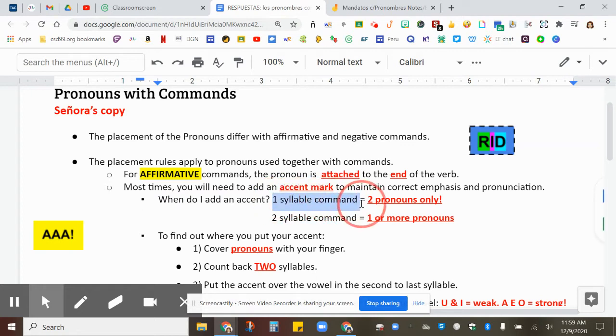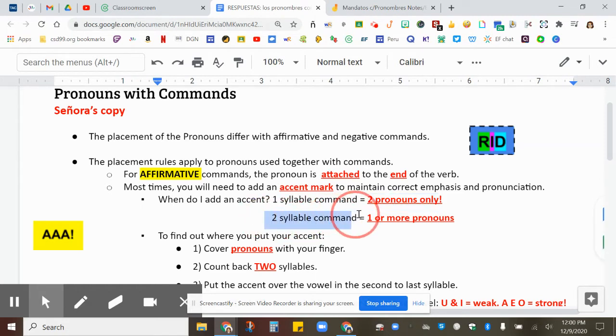In a one-syllable command, think about the irregular affirmative commands: ten, ven, sal, pon, di. Those are one-syllable commands. You only add a written accent mark when you are applying 2 or more pronouns to the end of the verb.